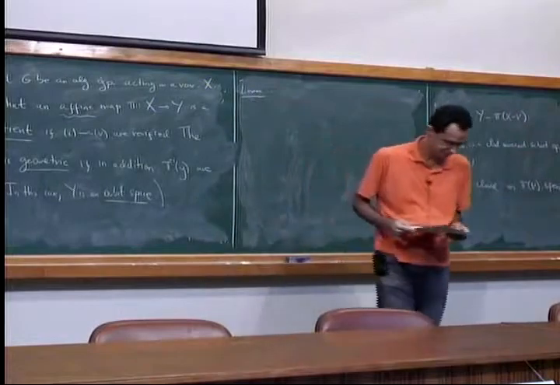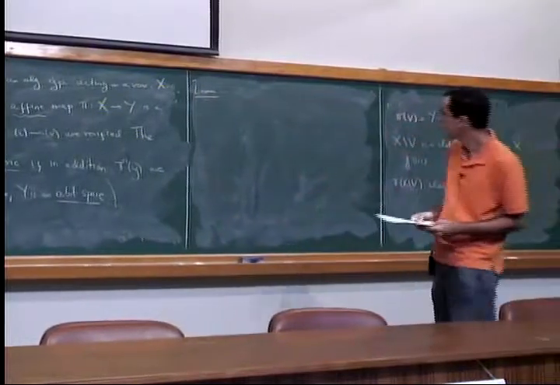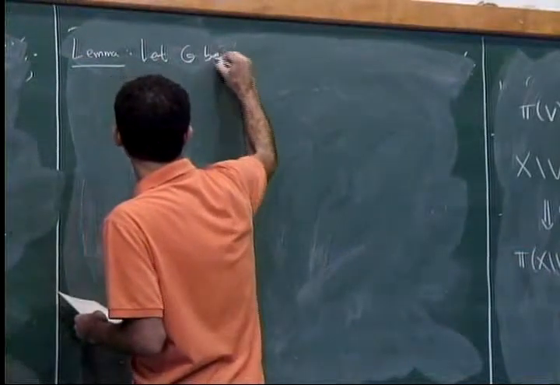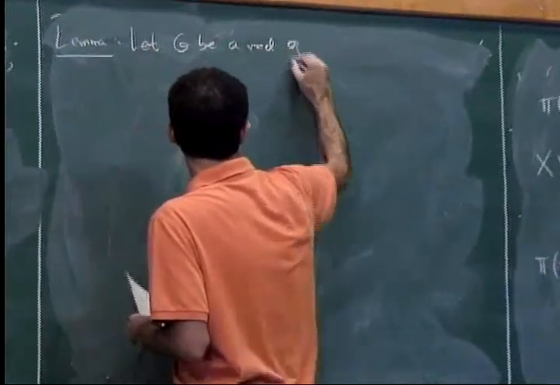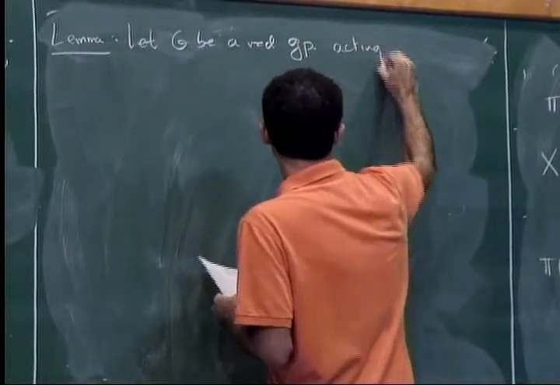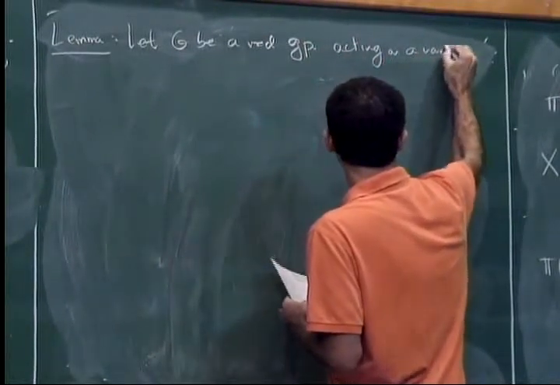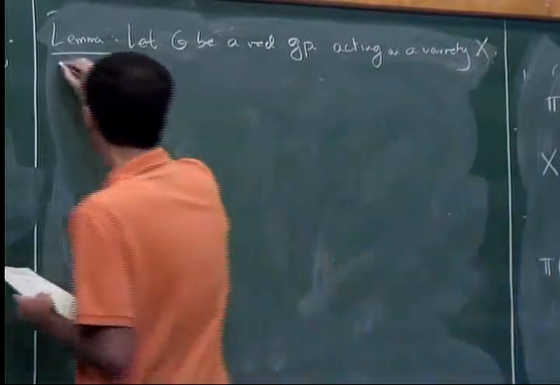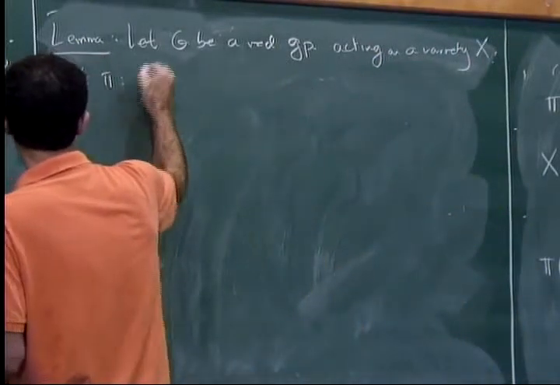So lemma. Let G be a reductive group acting on a variety X, and let's consider a morphism pi.